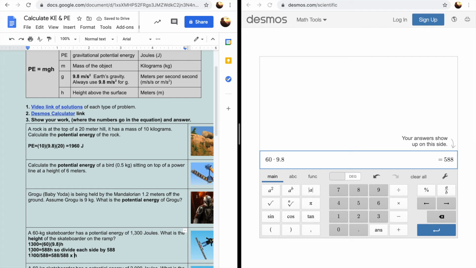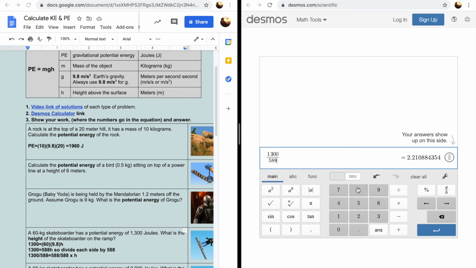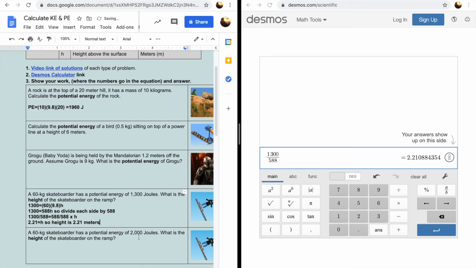This drops out, and then we just need to know what 1,300 divided by 588 is. Looks like 2.21. So we have 2.21 equals h, since 588 divided by 588 is 1. So the height is 2.21 meters.